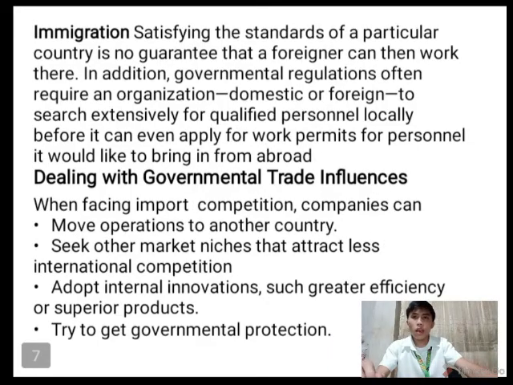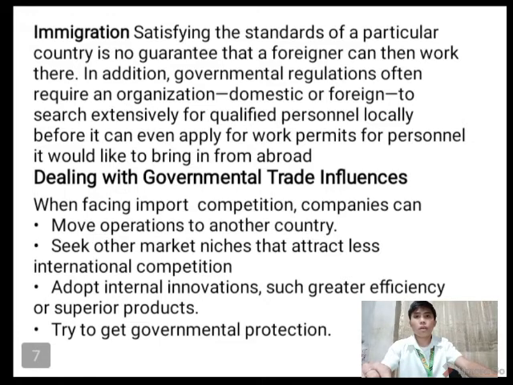Lastly, the immigration. The last restriction of services is that satisfying the standards of a particular country is no guarantee that a foreigner can then work there.